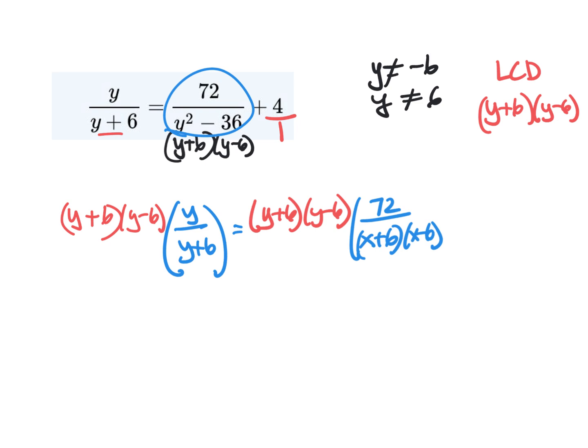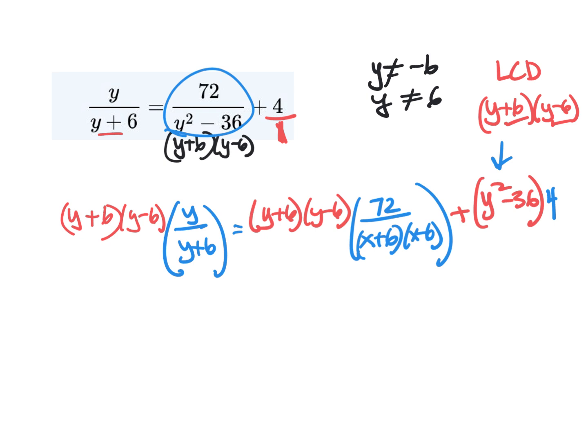And then moving on, I'm going to multiply this y plus 6 times y minus 6. That is my LCD. But I know that really that is y squared minus 36 when I multiply that out. And since this denominator of the 4 here doesn't have either part of that, I'm going to be multiplying that by 4. You can leave this as y plus 6, y minus 6, but you're going to end up having to multiply it out anyway.